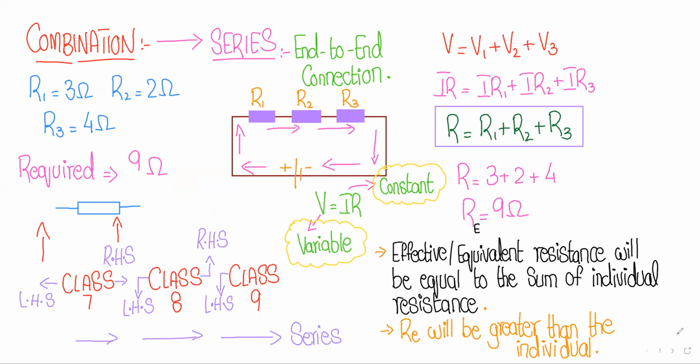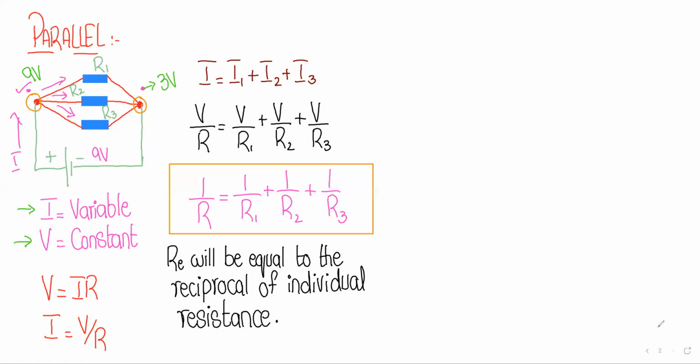So the equivalent resistance will be less than the individual one. This is another important thing that you need to know: the final or equivalent resistance will be less than the individual value of the resistors.